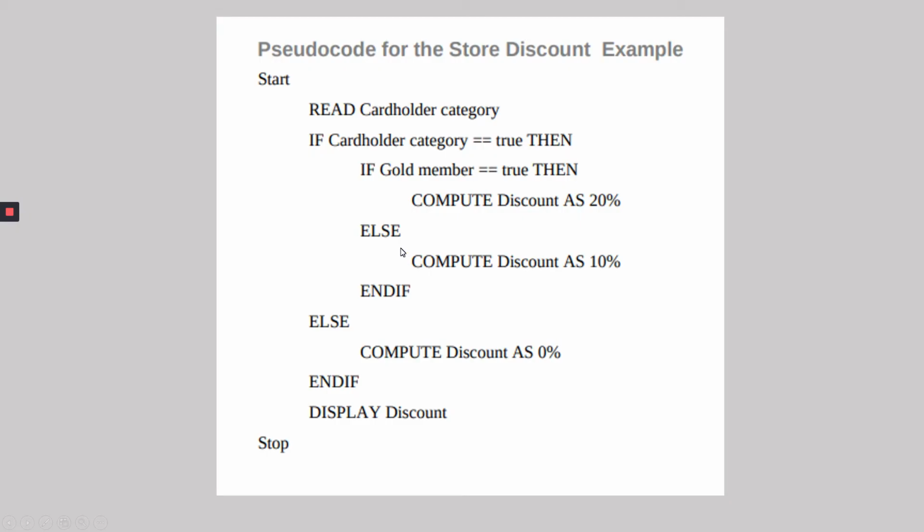For the next assignment, you are going to write the pseudocode and flowchart. I want you to pay attention to this format. We have start and read, if, else, and if, else, and if. Although I say there's no fixed format for the pseudocode, I want you to have a thought or format for the pseudocode.